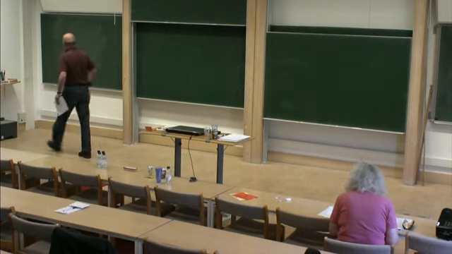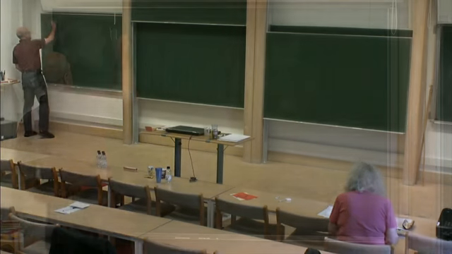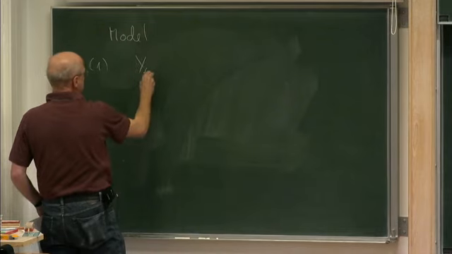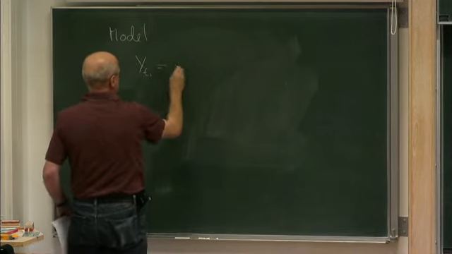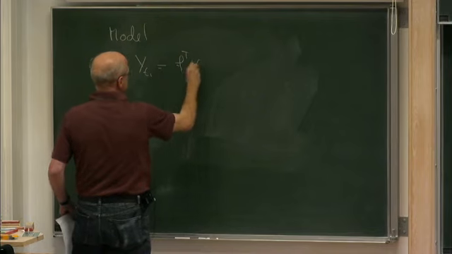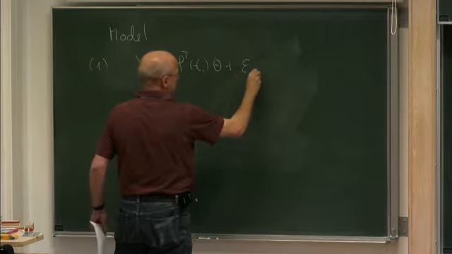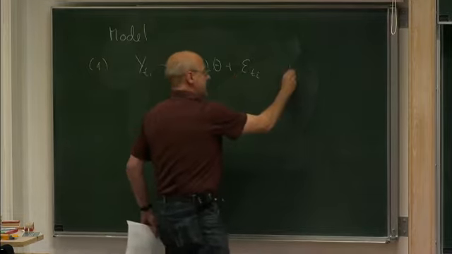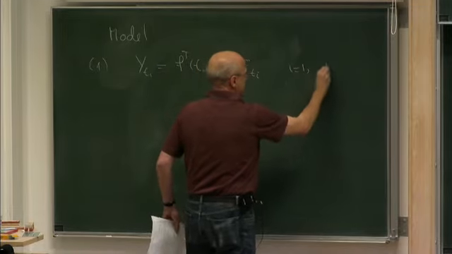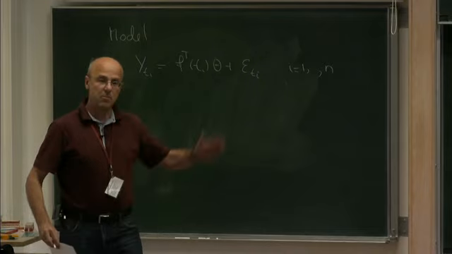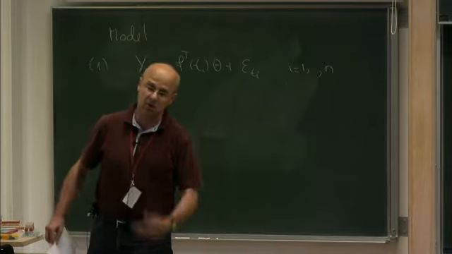So what we consider is the following model, which everybody knows. It's a linear model with some vector of independent regression functions and errors. But the difference here is that the error process is somehow correlated.